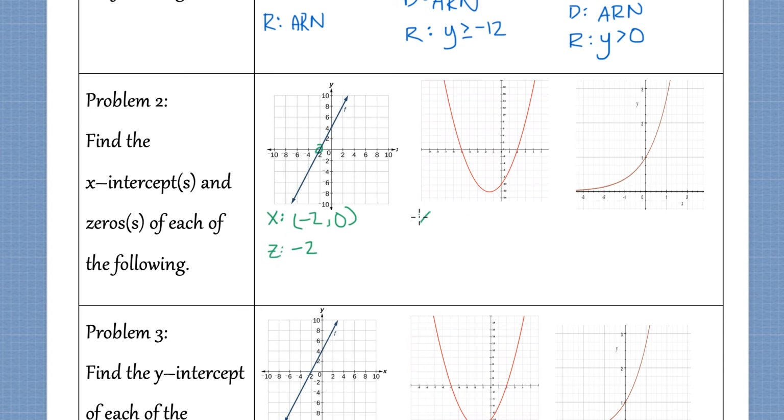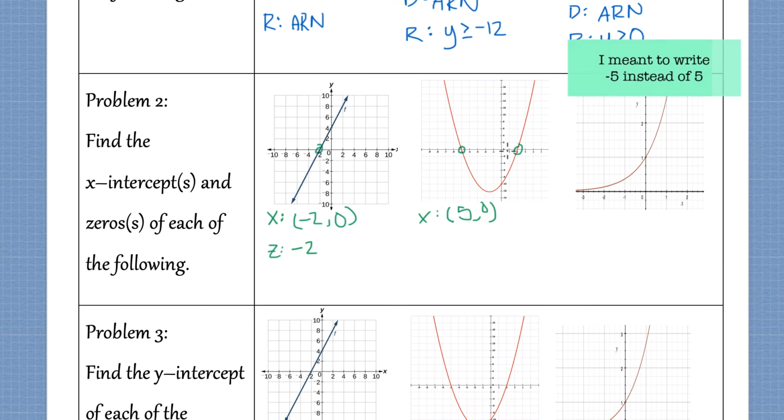Over here for our next one, we're going to find our x-intercepts, and this one actually has 2. It crosses the graph at 2 points, over here and over here. Our first point is at 5, 0.